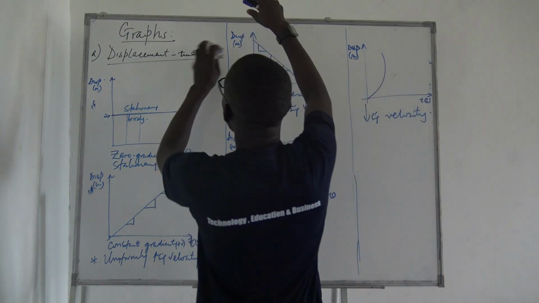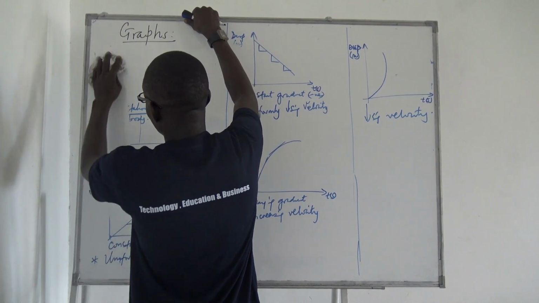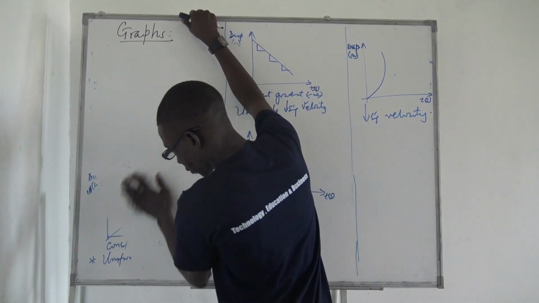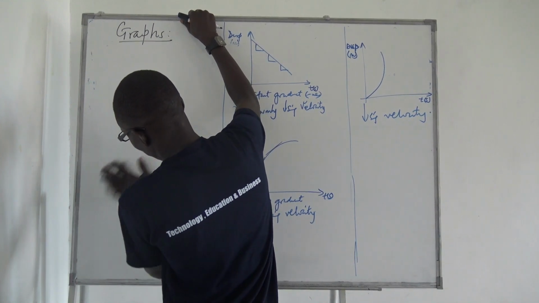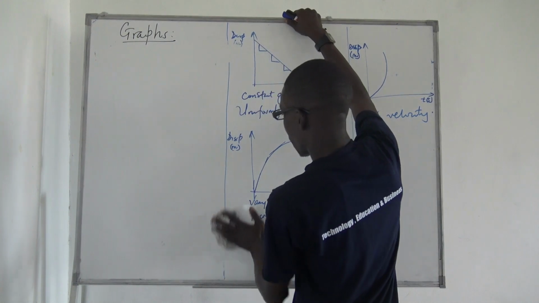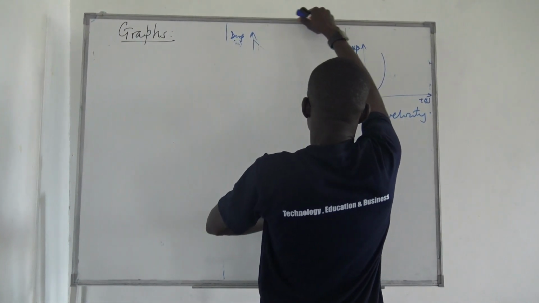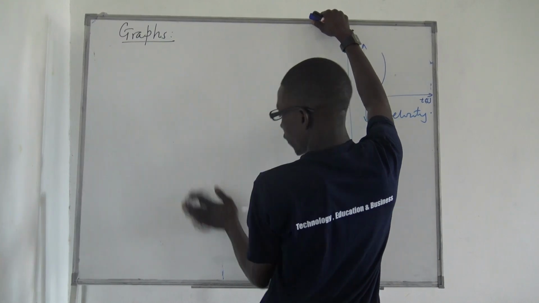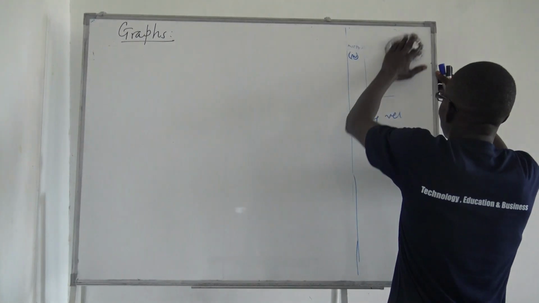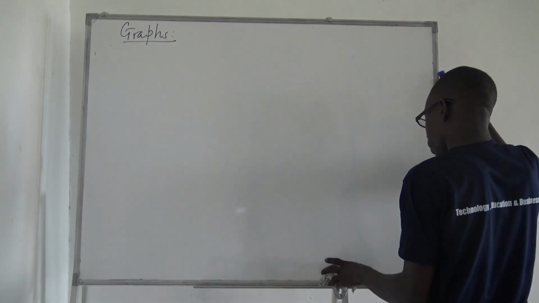After looking at these kinds of graphs, let's look at the next graph, and that is none other than the velocity time graph. Let's look at velocity time graph. Can we look at a body moving with constant velocity?